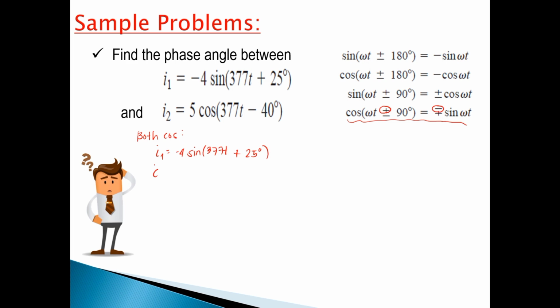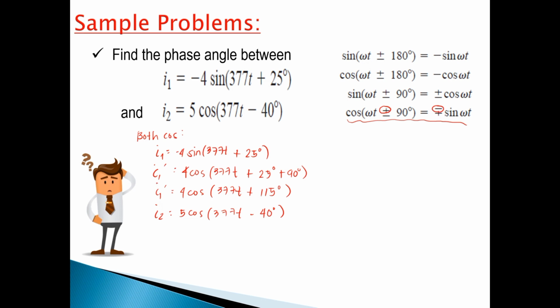So we will have to use plus 90 degrees. Our I1 prime is equal to 4 cosine of 377t plus 25 degrees plus 90, so I1 prime is equal to 4 cosine of 377t plus 115 degrees. Then our I2 equals 5 cosine of 377t minus 40 degrees.